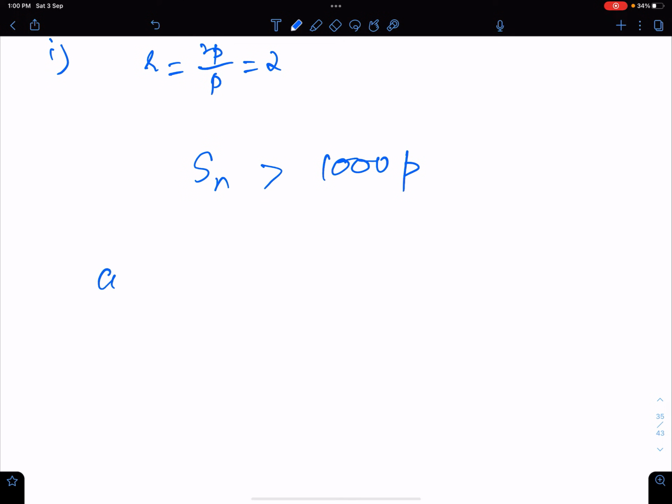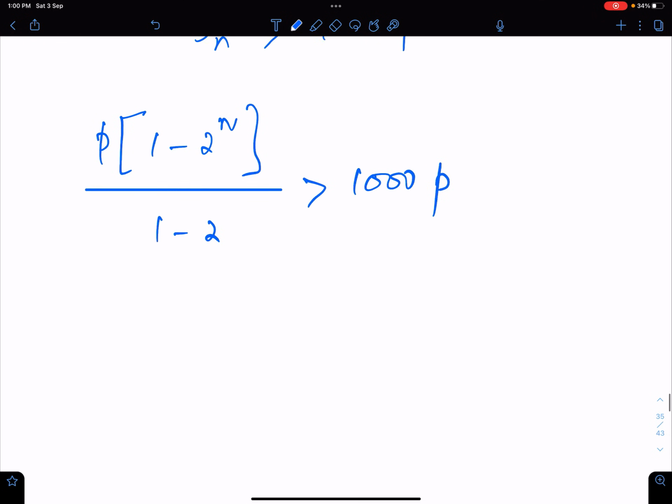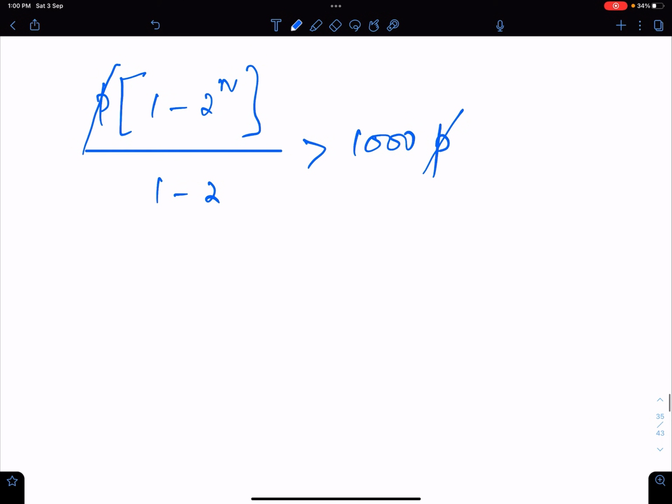So Sn is A, which is P, times (1 minus R to the power n), where R is 2, over 1 minus 2, greater than 1000P. We can cancel these two P's. So we have (1 minus 2 to the power n) over minus 1, greater than 1000.